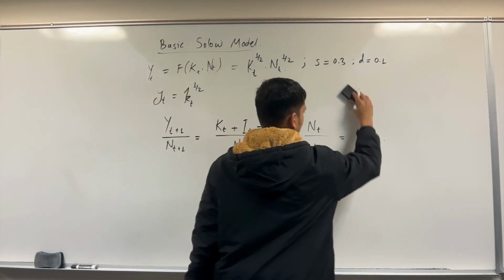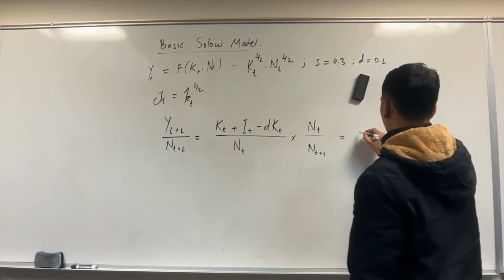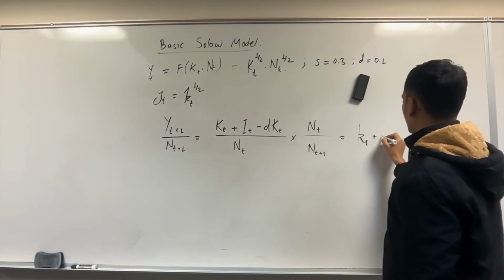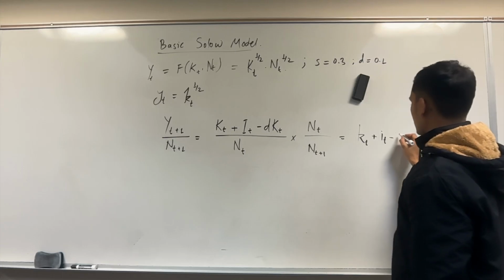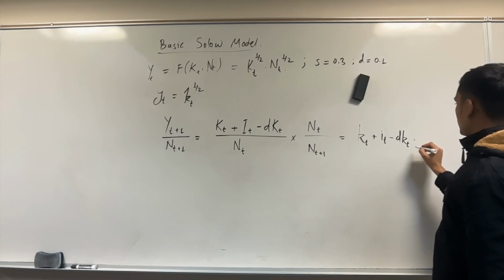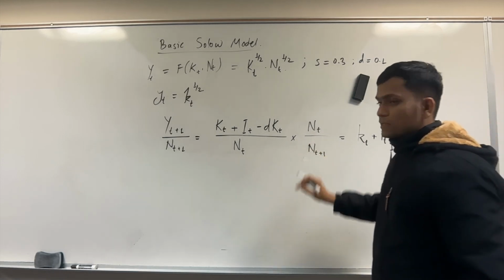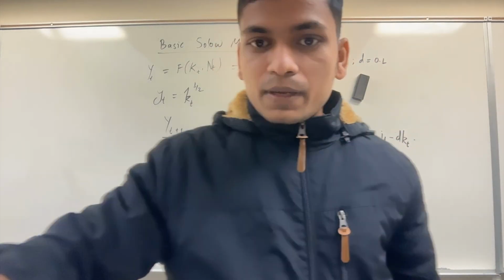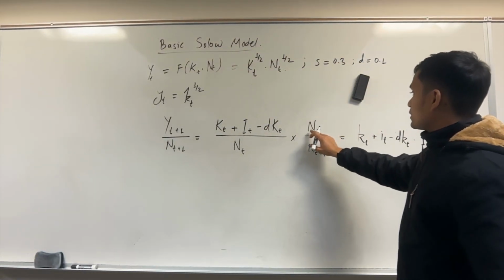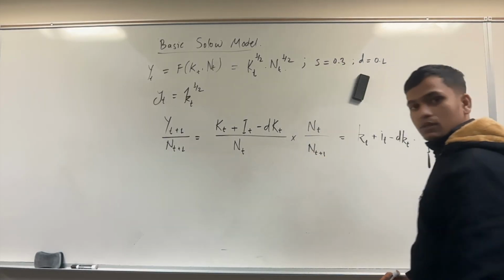So from here we get small k_t plus small i_t minus small d k_t. In the basic Solow model we also always consider that the population in time t and population in time t+1 are always the same.